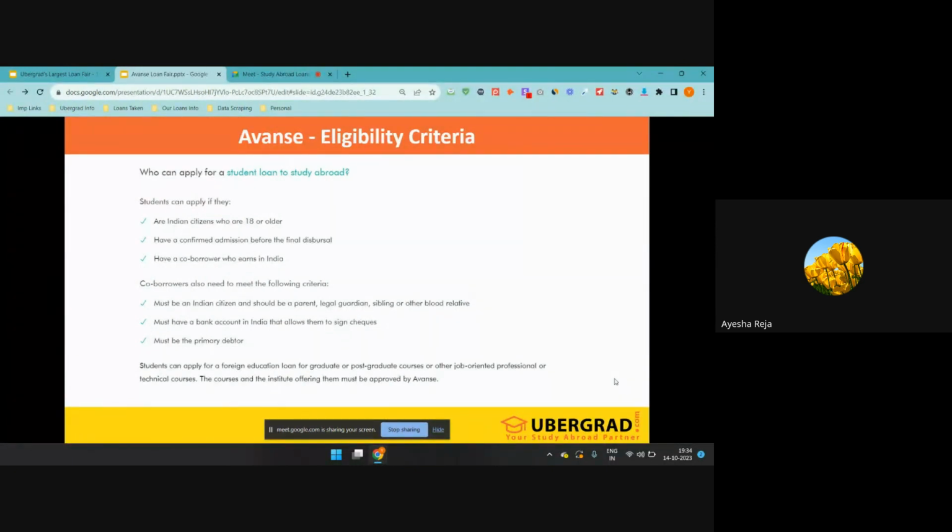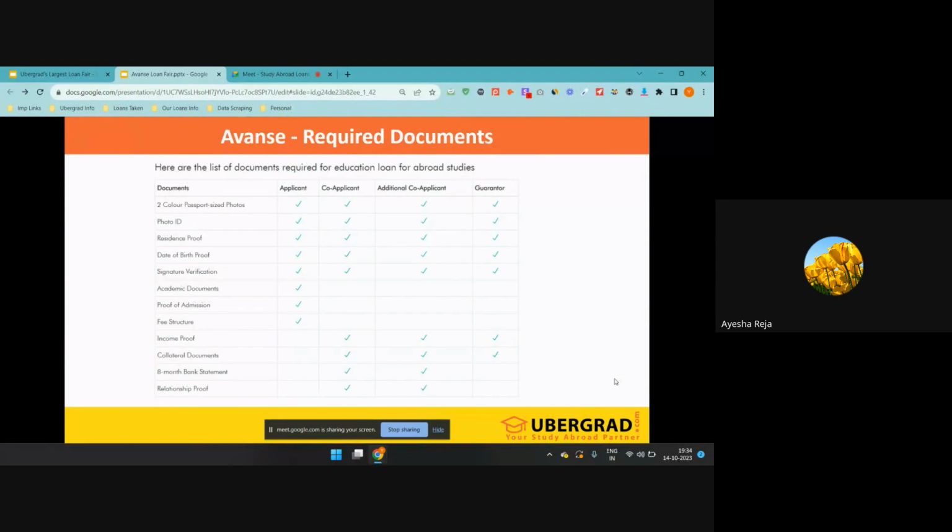The co-borrower can be any of your relatives from the mother's side or the father's side, maternal or paternal: your cousins, brother-in-law, sister-in-law, aunt, uncle, anyone can become a co-borrower. There should be a relationship proof.